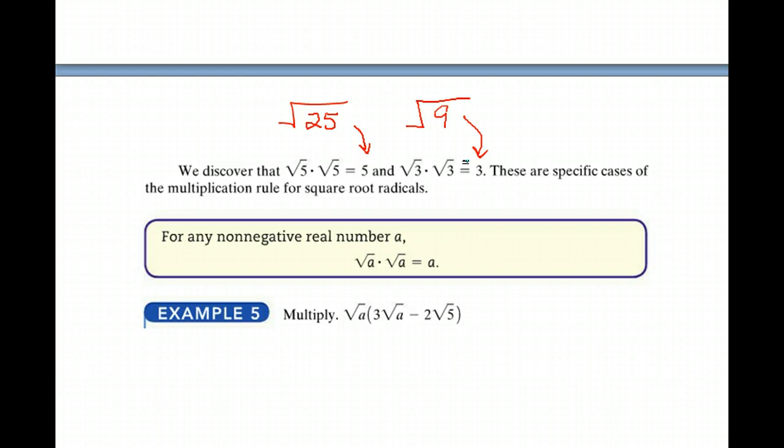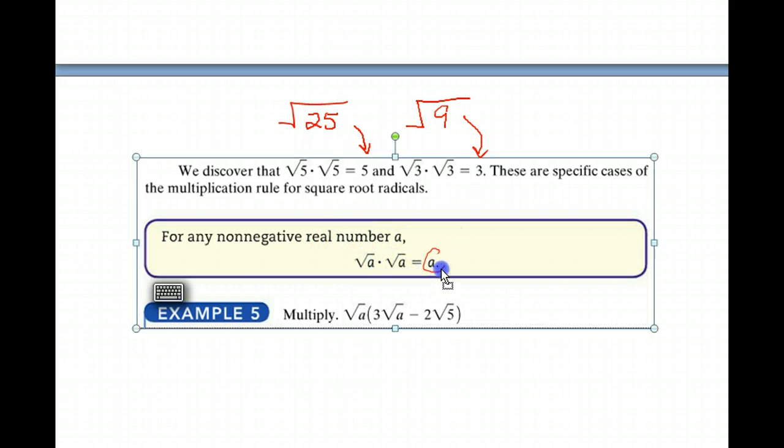Okay? These are specific cases where there's a multiplication rule for these. When you are multiplying the same number underneath a radical by itself, for any non-negative real number, you will always get that number that's underneath your radical.